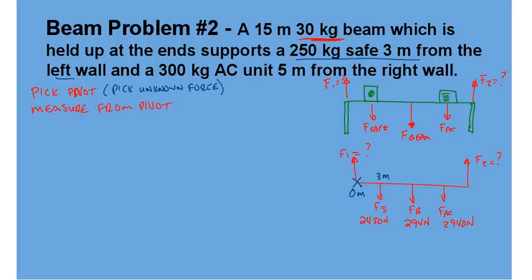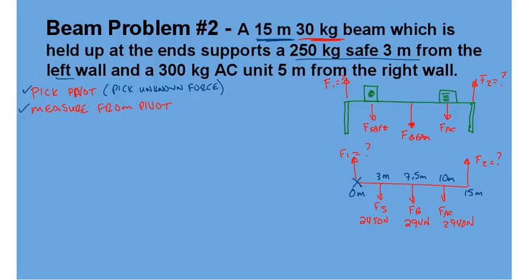For the beam, I need half of the whole length of the beam. They told me that the whole beam was 15 meters. So I'm going to go ahead and put 15 over here, and half of that would be 7.5 meters right there. The air conditioner is 5 meters from the right-hand wall. The right-hand wall is at 15. I need to count back 5. That would put it at 10 meters there. Okay, so now we have picked a pivot point. We measured all our distances from the pivot point. You have to do that every time.